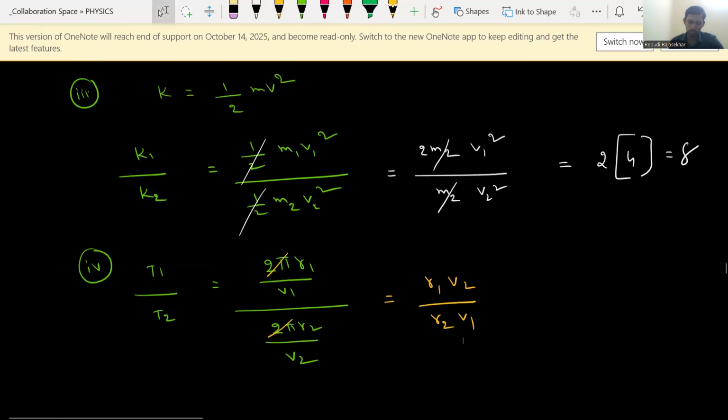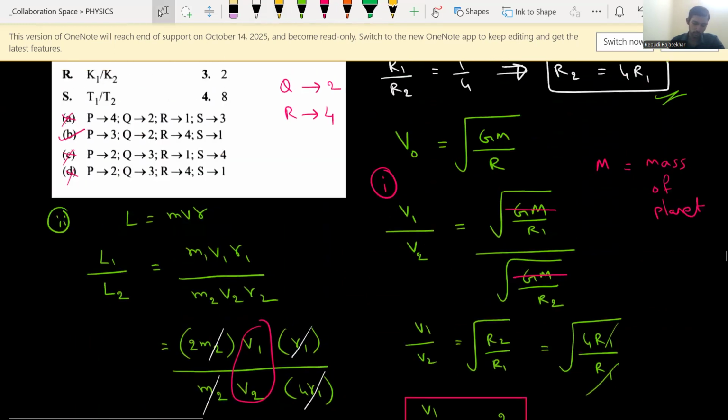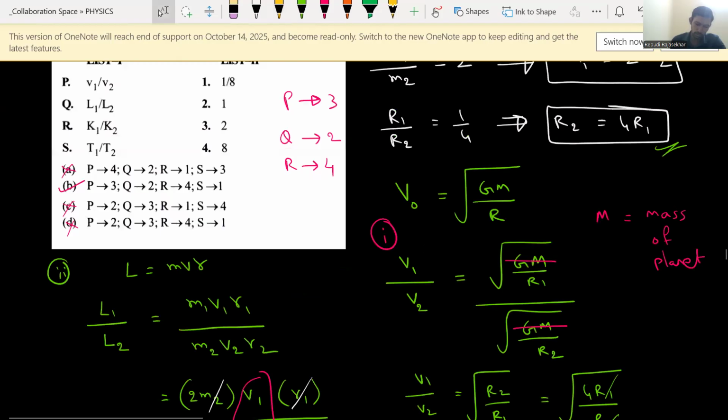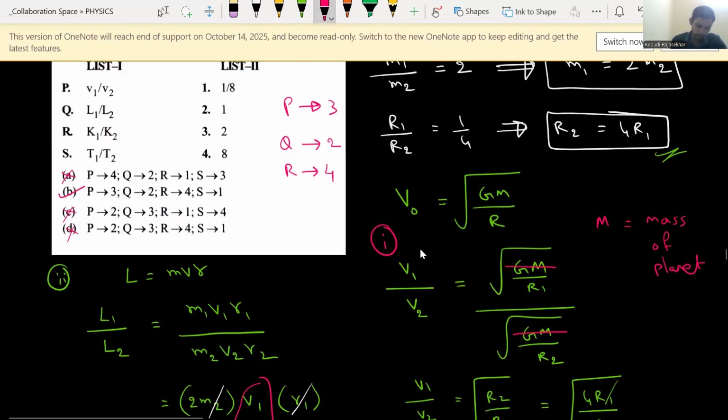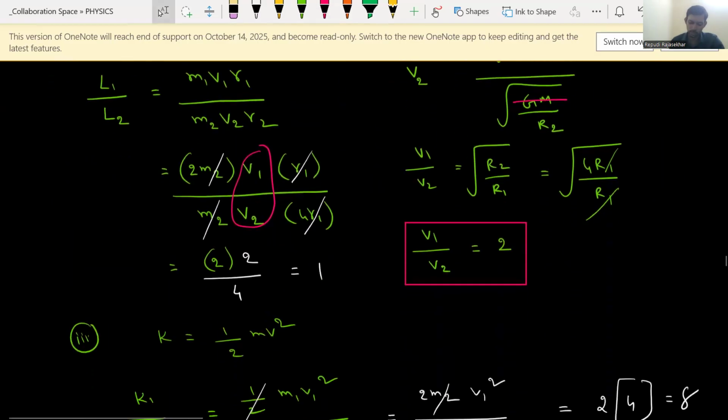If you simplify with the help of known values, you will get the option as 1 divided by 8. For S, the answer should be 1. Here 1 divided by 8 you will get.